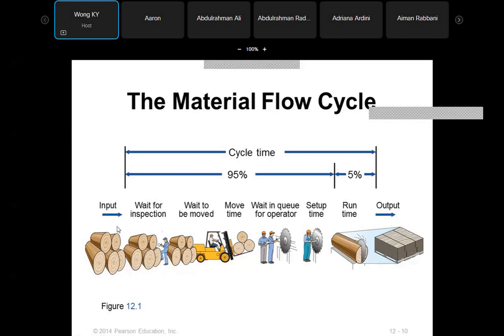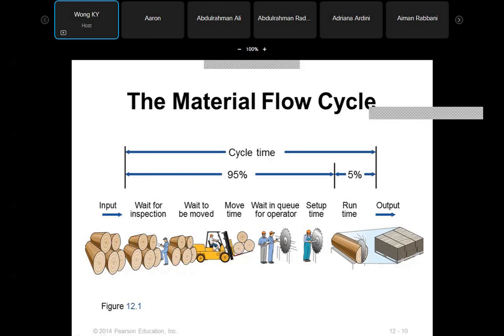So the raw material will be waiting for inspection. The operator will come and inspect the raw material. If everything is okay, then you still have to wait. Okay, wait to be transported to another department. So let's say the forklift comes, so the forklift come and transport the tree trunk to the production department.